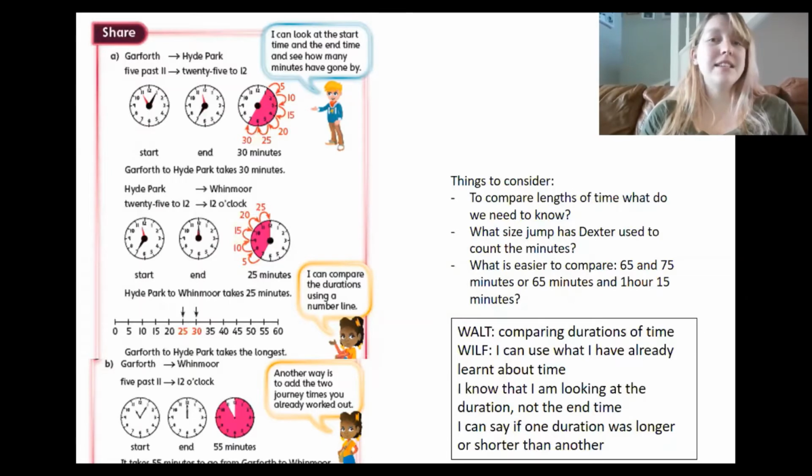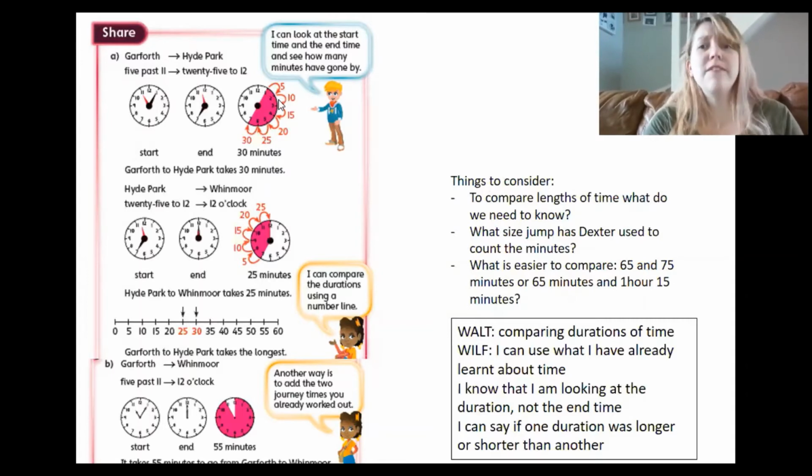Now, the things that you need to consider during this lesson are to compare lengths of time. What do you need to know? I'd also like you to think about when Dexter is answering the questions, what size jump has he used to count the minutes and why? Can you convince me?